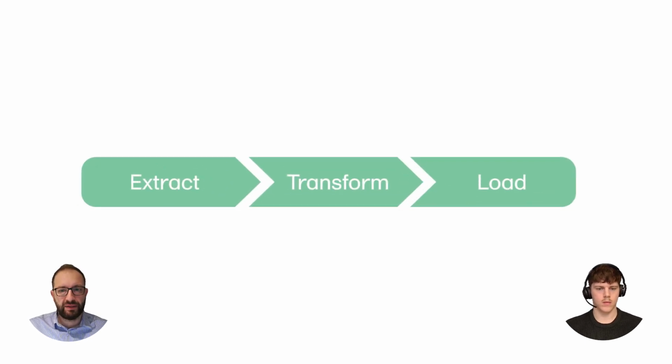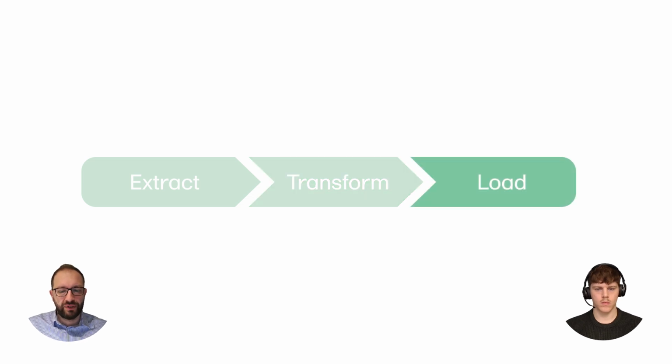So usually when we talk about data integrations, we talk about ETL, or extract, transform, and load pipelines. And what that means is that usually you have three different steps. You have an extract step, which is responsible for fetching the data or collecting the data from a source system. You have a transform step that maps or transforms the data that we have received into another format, because usually two systems don't have exactly the same data format, so you'll have to do some kind of transformation from one to another format.